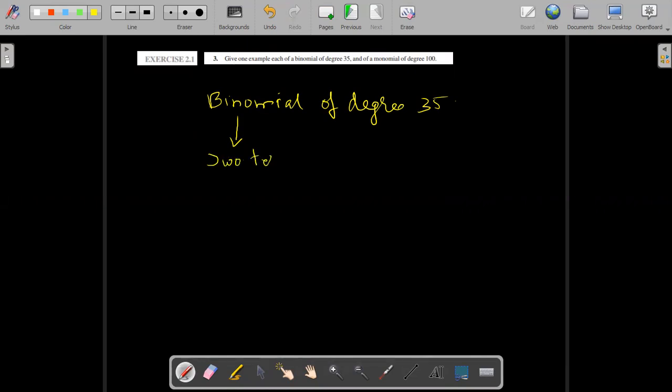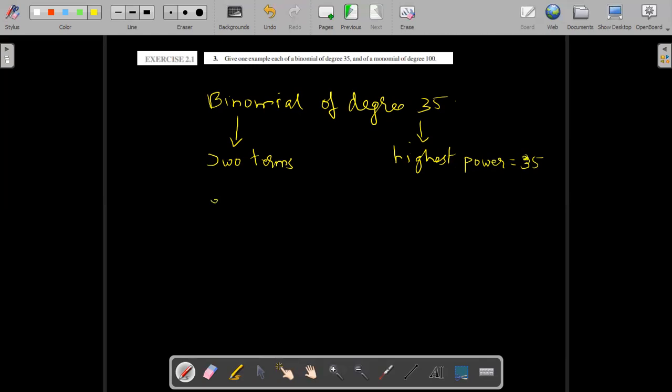And the degree is 35, which means the highest power should be 35. The lowest power we can write as anything, but the highest power should be 35. Okay.